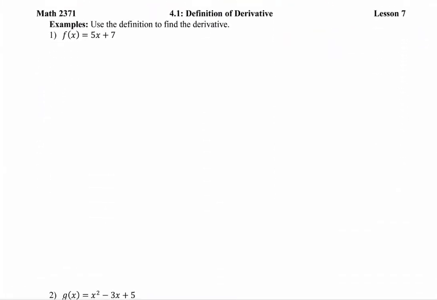Okay. The first thing we're going to do, as with everything, I always write the expression or formula I'm going to use. So that's the limit as h goes to 0 of f of x plus h minus f of x all over h. It's the limit as h in the secant line goes to 0.